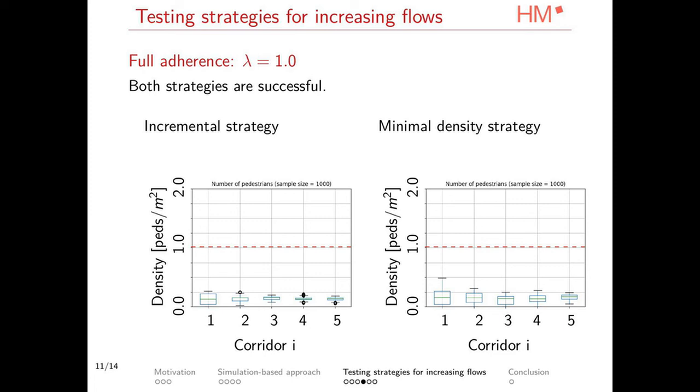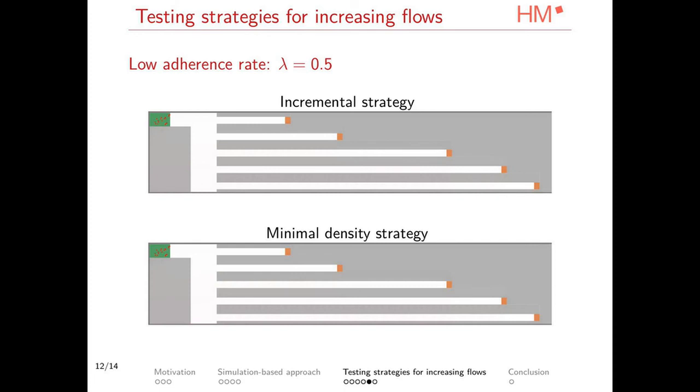But keep in mind that the assumption was that every person responds to the route recommendation. And this is not very realistic. So now we need to look at the realistic use case to understand how a low adherence rate affects these densities.